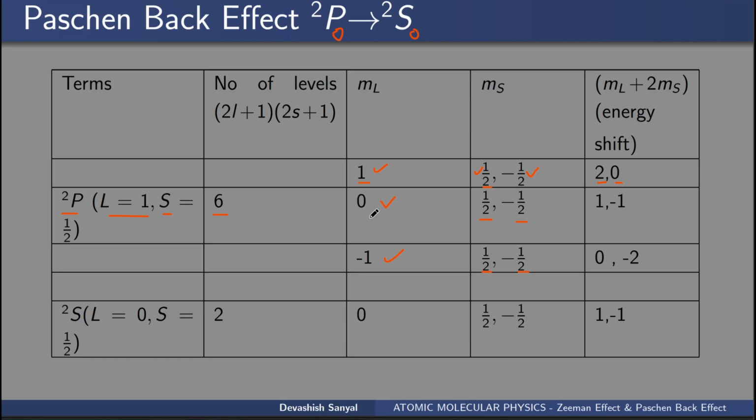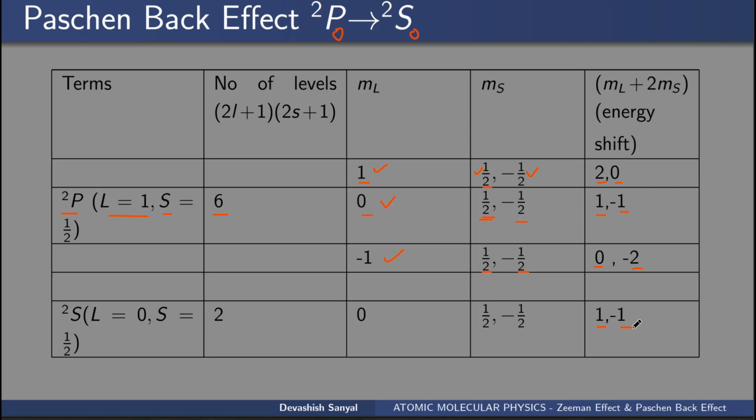Similarly, for 0 and half, ml plus twice ms is 1, and for 0 and minus half, it is minus 1. Like that, we have written down the values of ml plus twice ms for each combination. For minus 1 and half, it is 0. For the other one, it is minus 2, here it is 1, here it is minus 1.